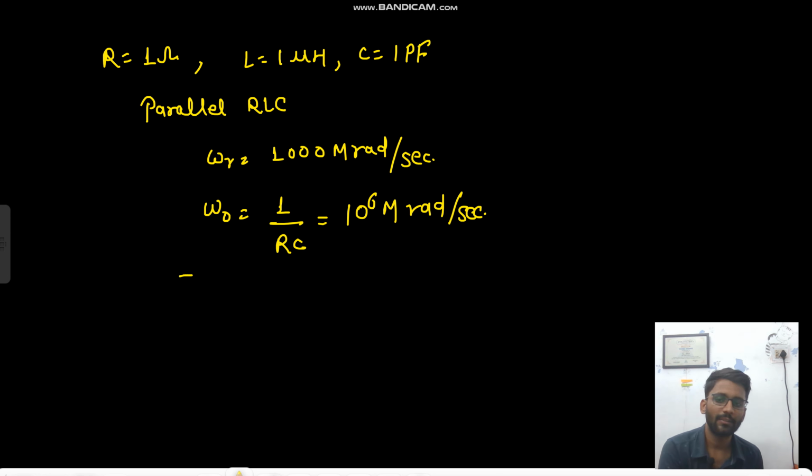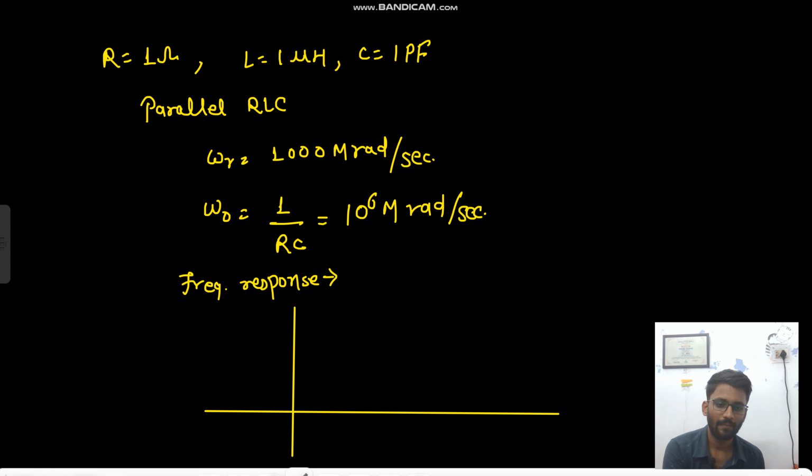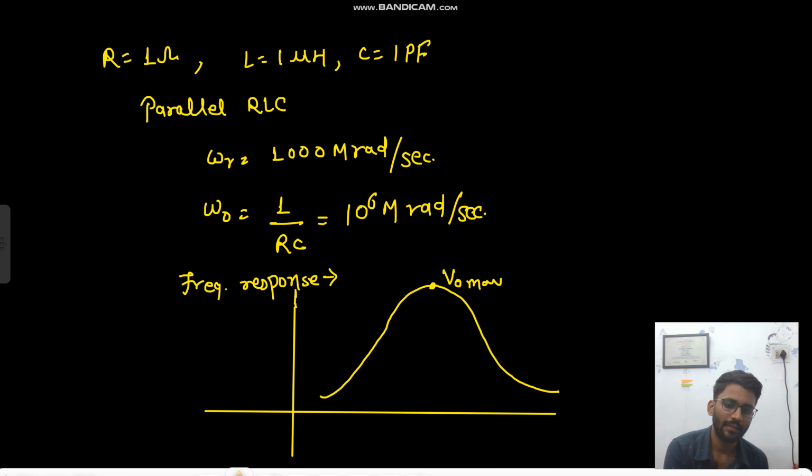So if we draw the frequency response for this circuit, what we can see, like this is the point of V naught max that is occurring at 1000 mega radian. Okay, and from here if you go to 3 dB, this is the 3 dB bandwidth, right?